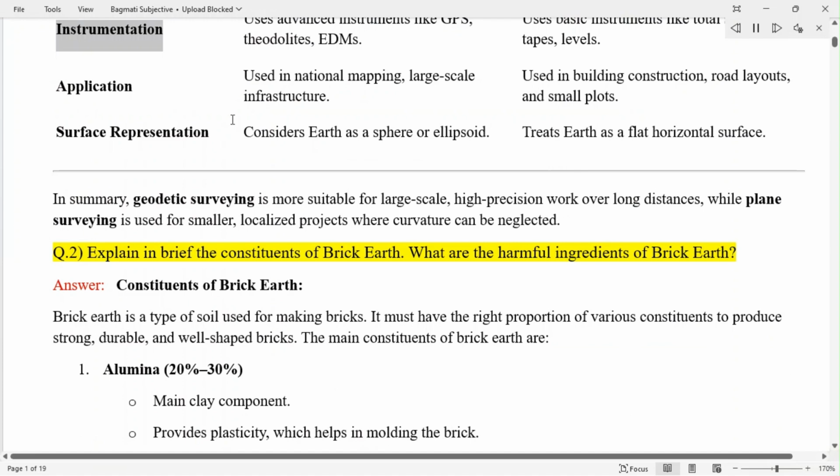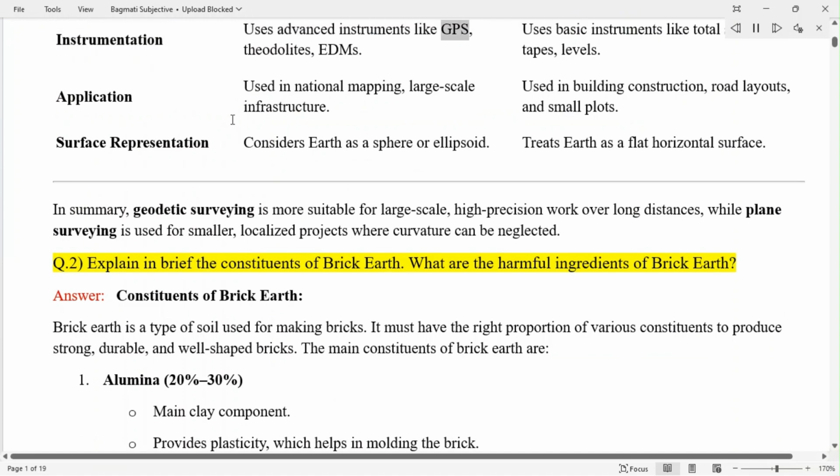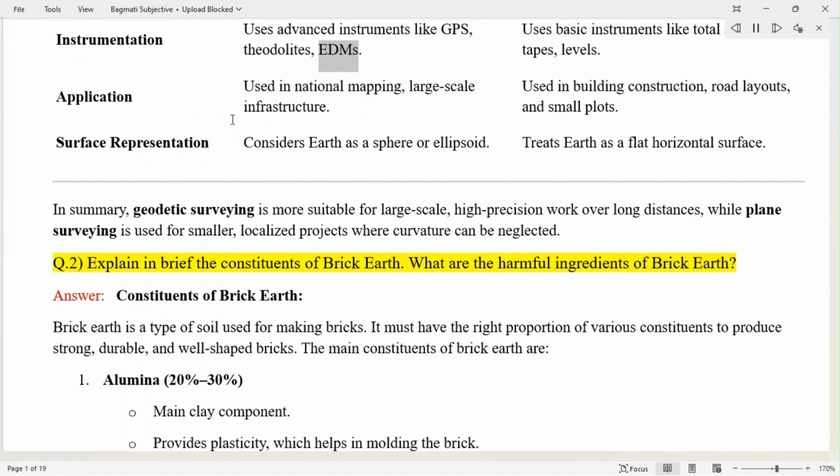Instrumentation: geodetic uses advanced instruments like GPS, theodolites, EDMs, while plane uses basic instruments like total stations, tapes, levels. Application: geodetic is used in national mapping and large-scale infrastructure, while plane is used in building construction, road layouts, and small plots.